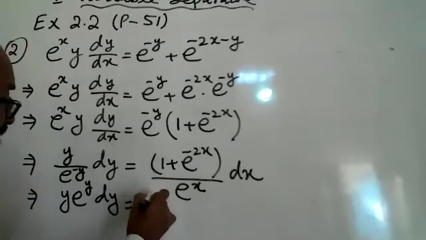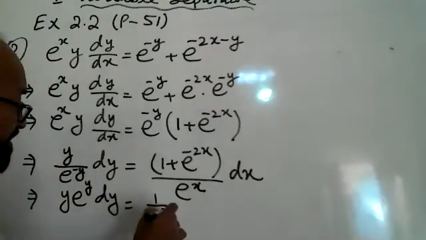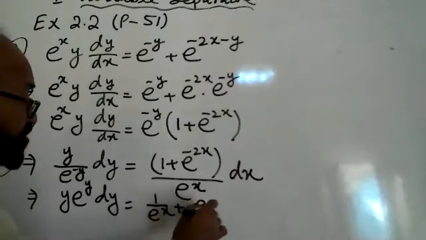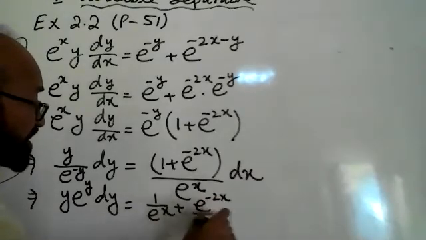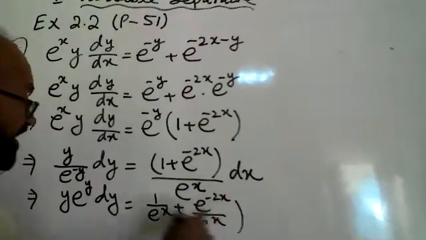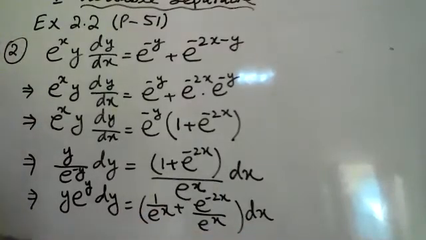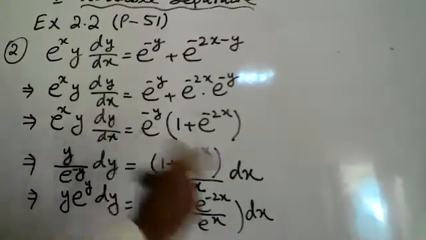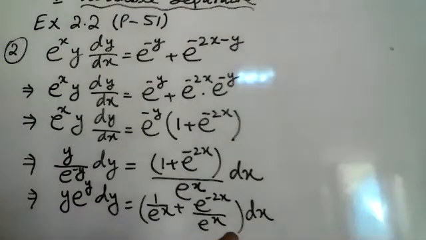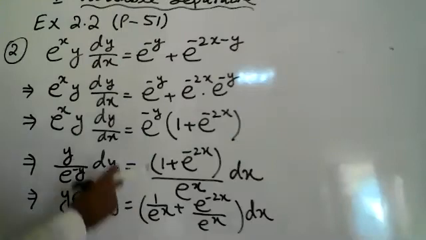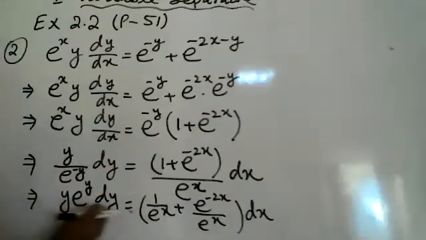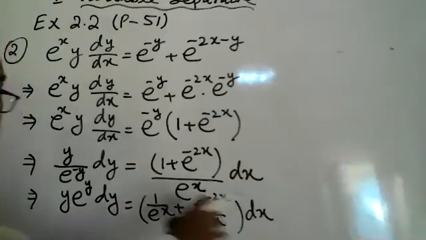They will be separated: 1 upon e raised to power x plus e raised to power minus 2x upon e raised to power x into dx. Remember that dy and dx will be written at the end of the expression.